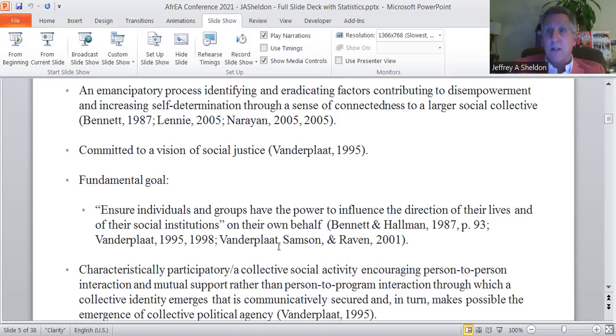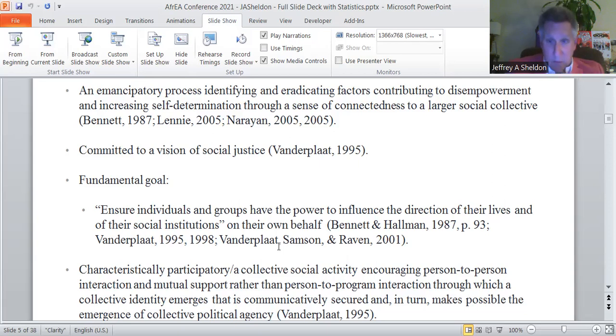Well, the social intervention would be that context. Okay, so the idea is that social intervention is committed to this vision of social justice. So when we're empowering, we create a context in which empowerment and self-determination are likely to occur. Okay, it's because we're doing it for the sake of social justice.